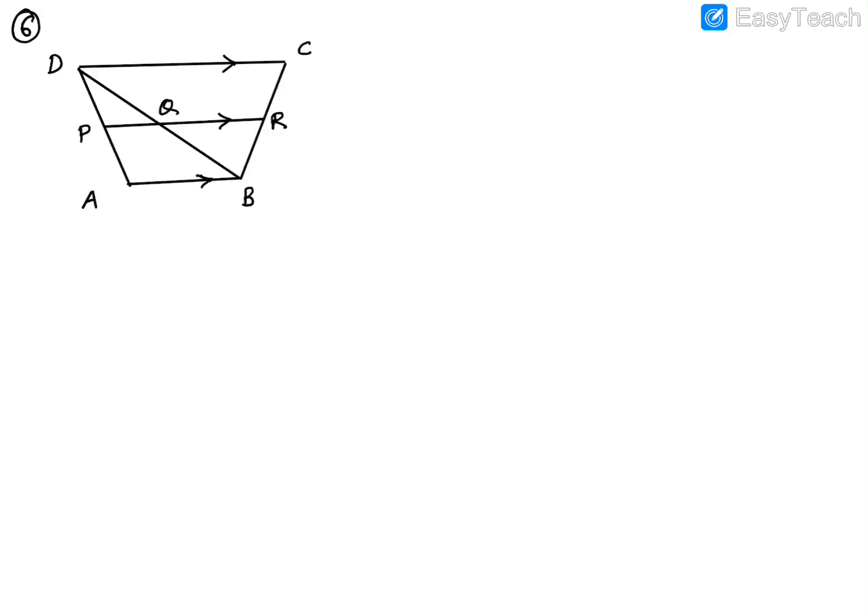Now, whatever is given I've already marked in the question also. There is a trapezium ABCD in which AB is parallel to DC. It's given P is the midpoint of AD, so I'll mark that also. Also PR is parallel to AB is given. We have to prove that PR is equal to half of AB plus CD.